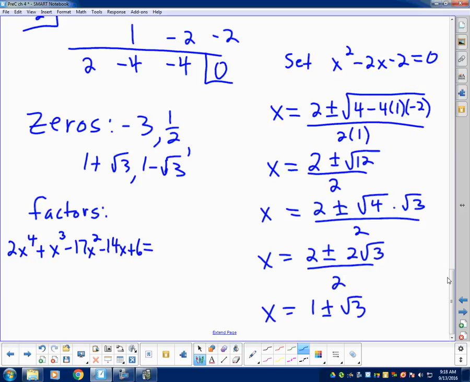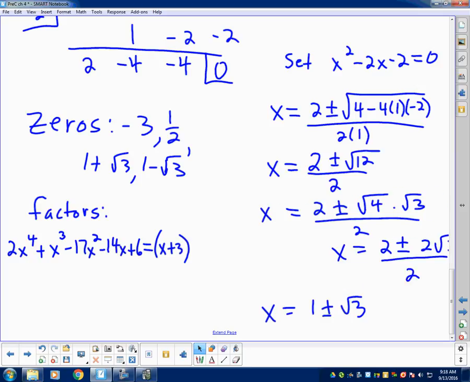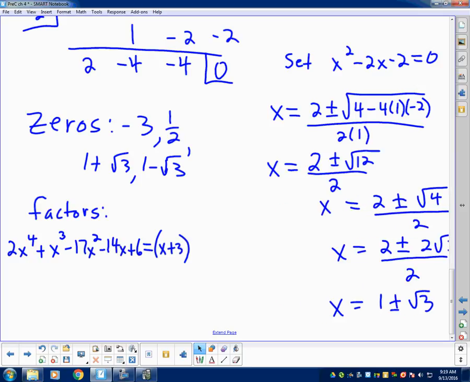The first one was x plus 3, right? The next one was x minus 1/2, but we wrote it as 2x minus 1. Well, we have these two, right? How do we write these as factors?